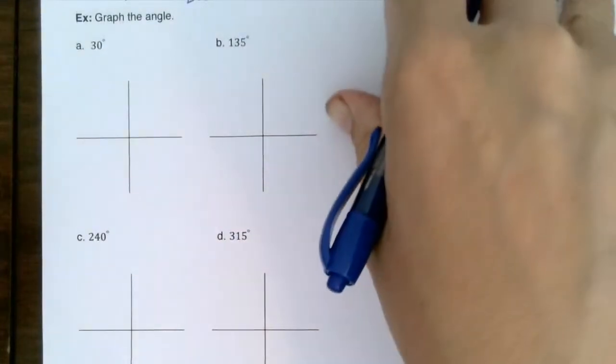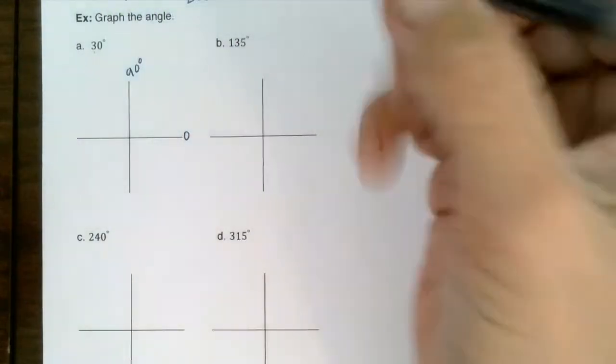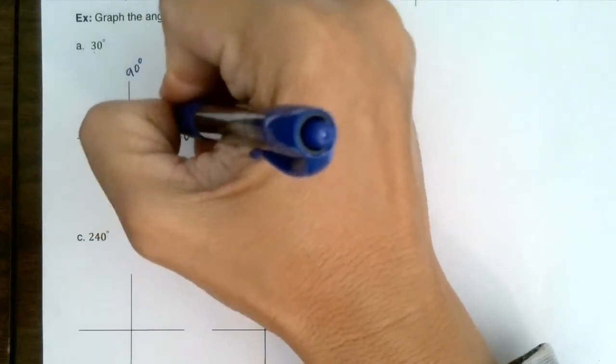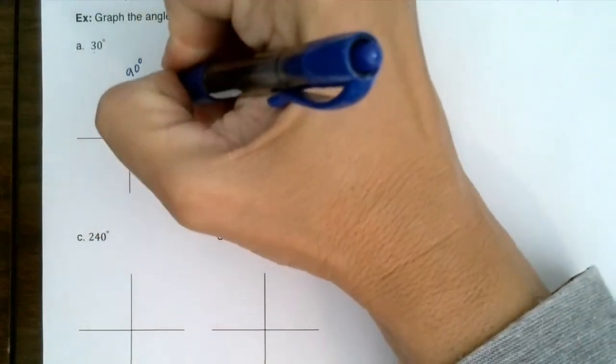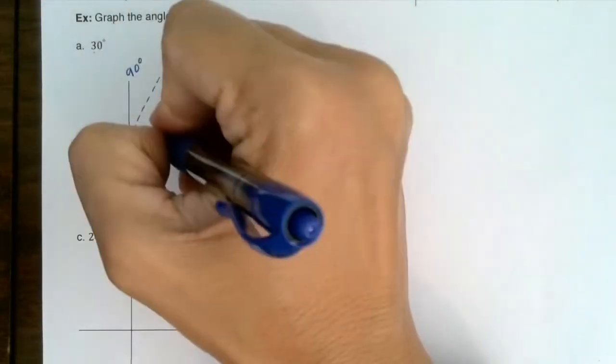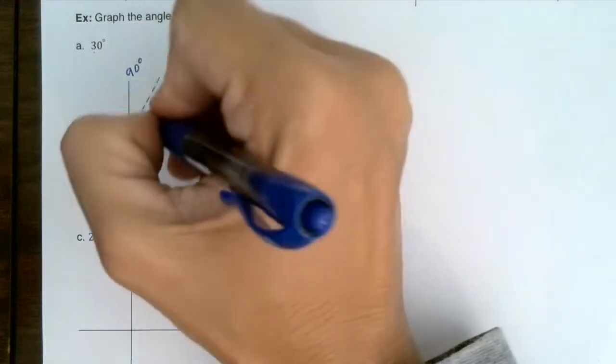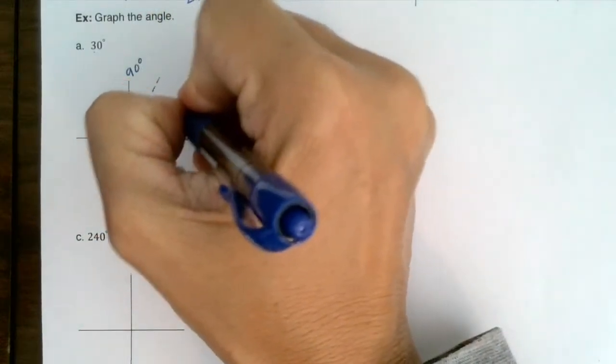So if we're asked to graph 30 degrees, we know that's between 0 and 90 degrees, and it's 1/3 of the way. You don't have to do this every time. I just like to show you guys real quick. So I would divide it into 3, and so this would be 30, then this would be 60, and that would be 90. So the angle I'm actually going to graph is this one right here.